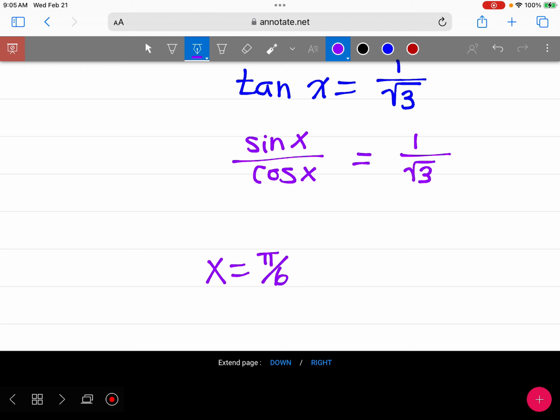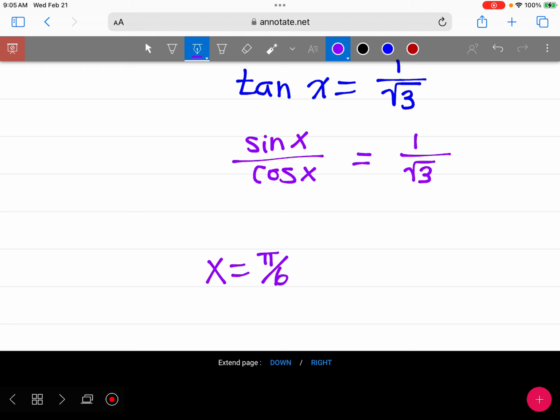Are there any other places that have those same values? Because sometimes we have more than one. Or am I being tricky and asking you a mean question? It's just the one. The only other place we have that as far as tangent goes is already into the next period.